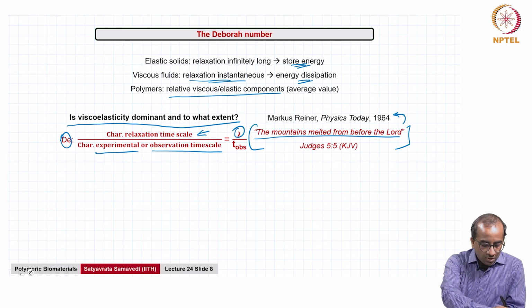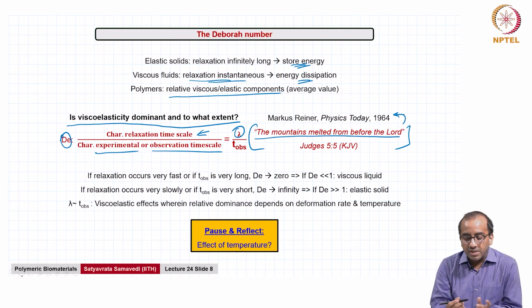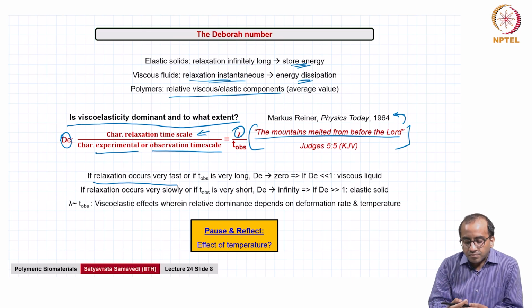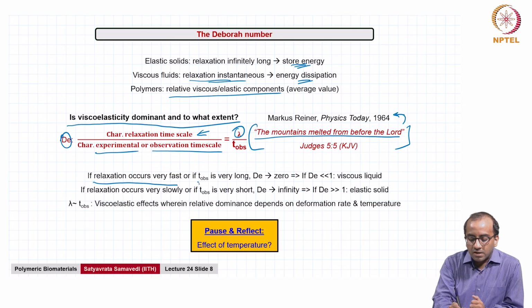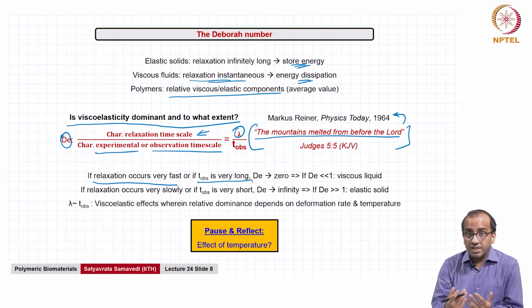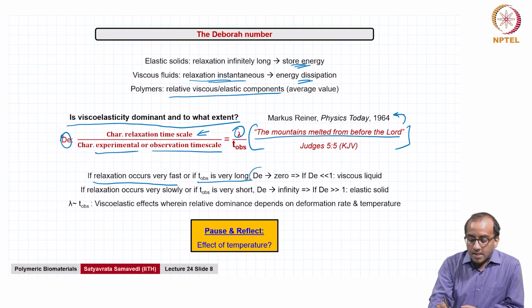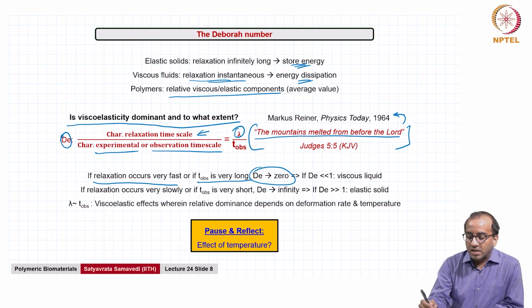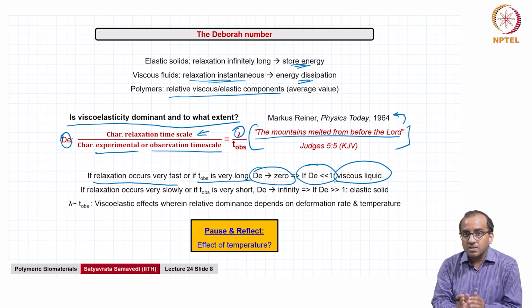So what does it physically mean? What does a Deborah number mean? If relaxation occurs very, very fast, or if the time scale of observation is very long, then the Deborah number essentially goes to 0. Or more practically, if the Deborah number is much less than 1, you get the terminal response of a viscous liquid-like property.